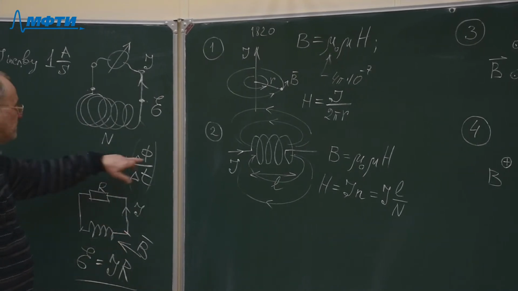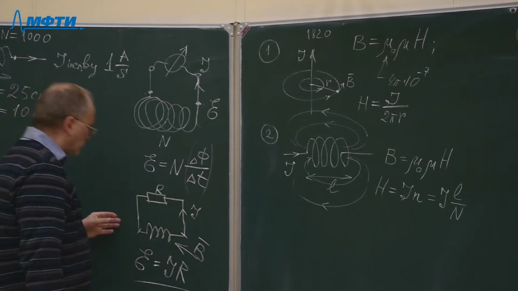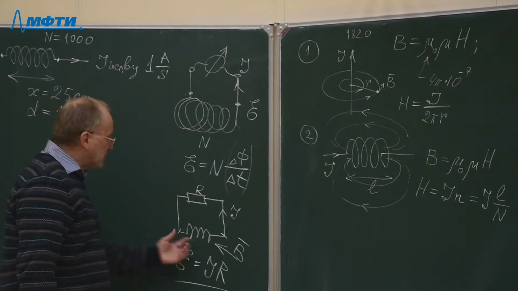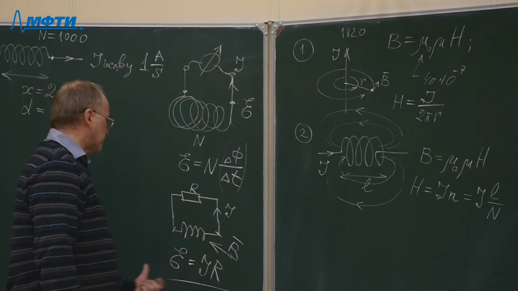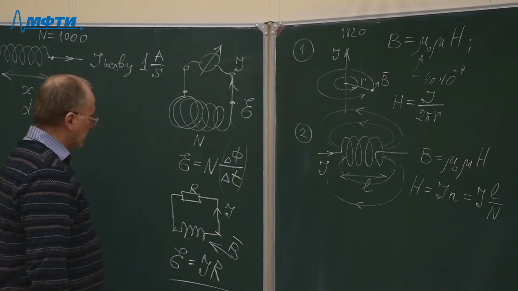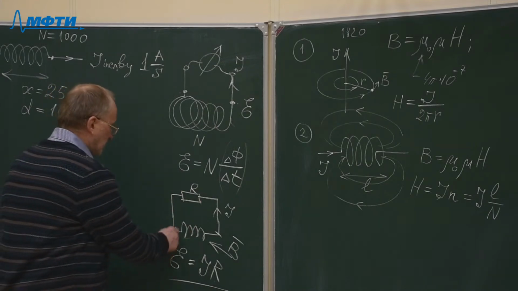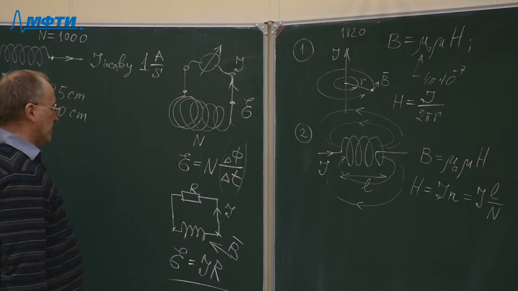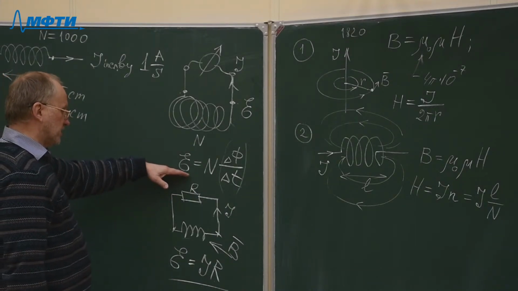But if the magnetic field changes, then the magnetic flux piercing the solenoid will also change, and that will cause the occurrence of some electromotive force here. So if we change the current flowing through the solenoid, some potential difference is sure to appear here because of Faraday's law of electromagnetic induction.